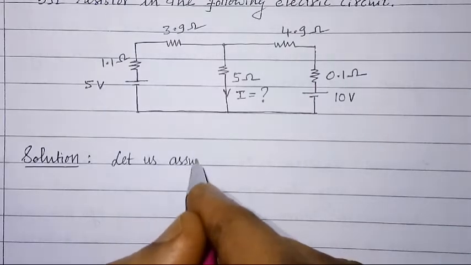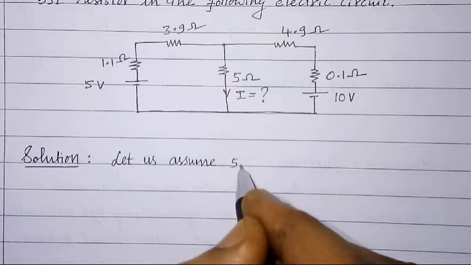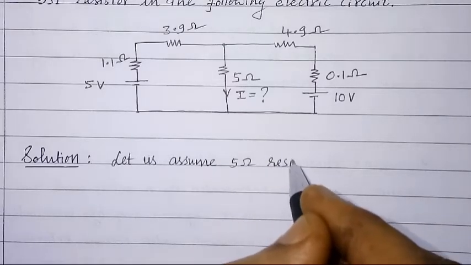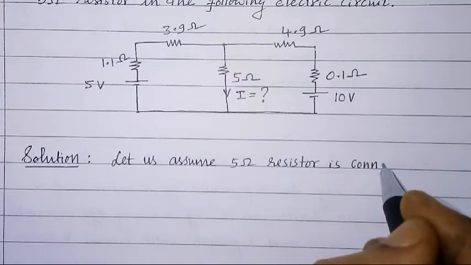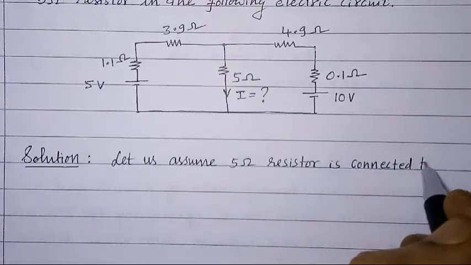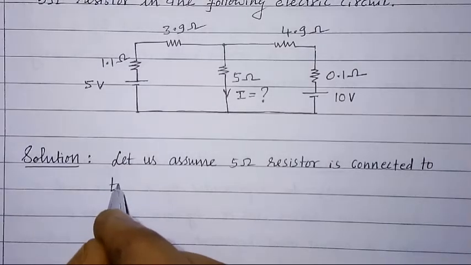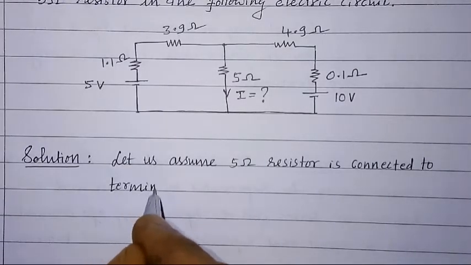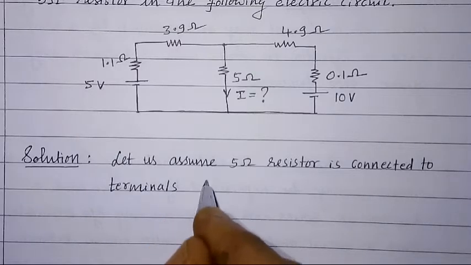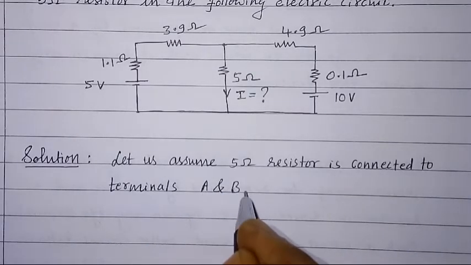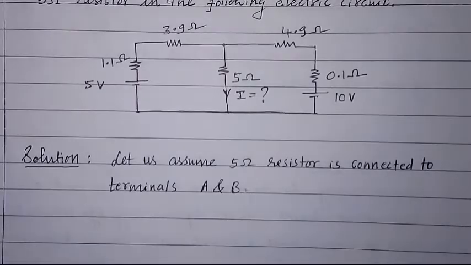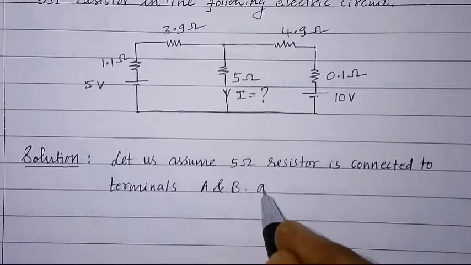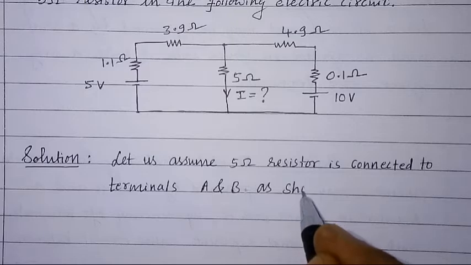Let us assume 5 ohm resistor is connected to terminals A and B as shown below.